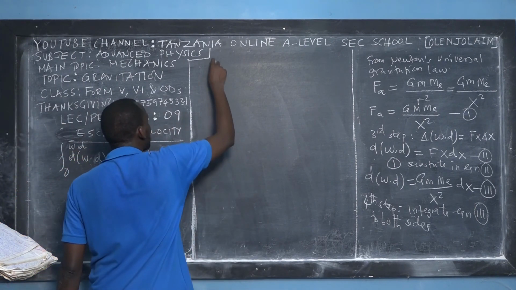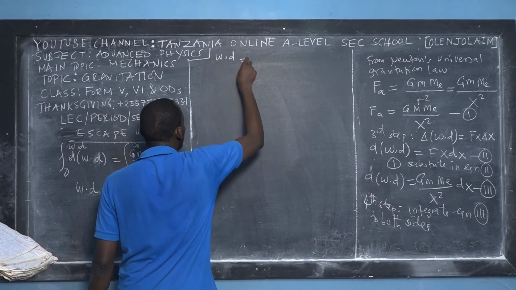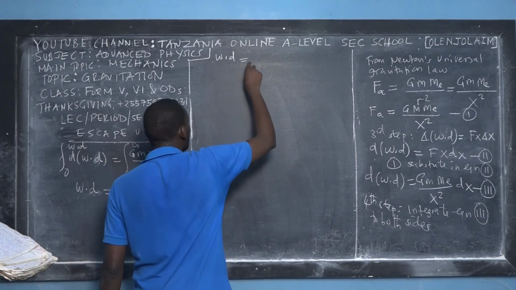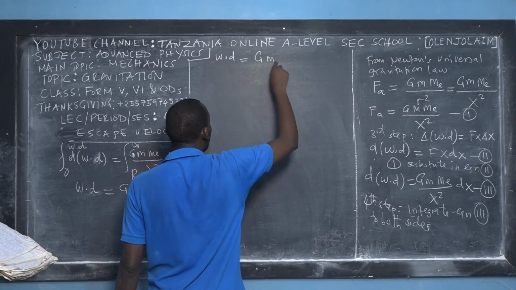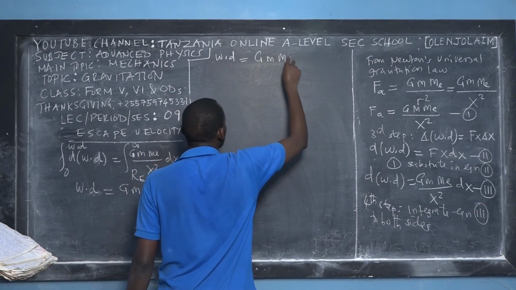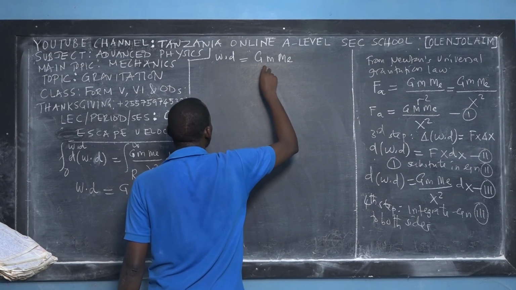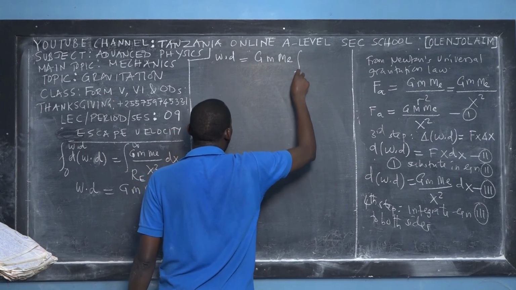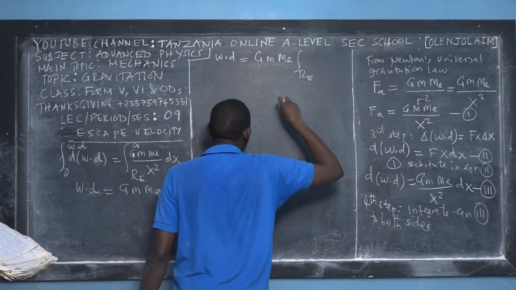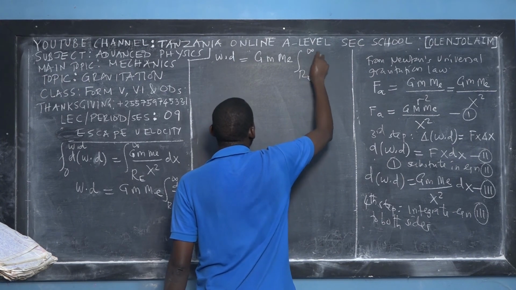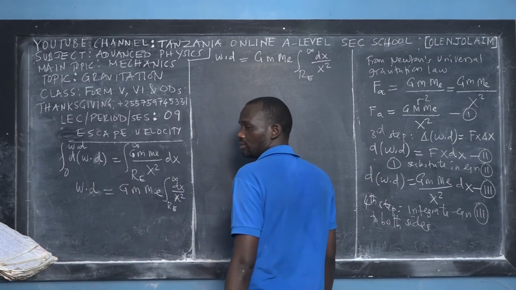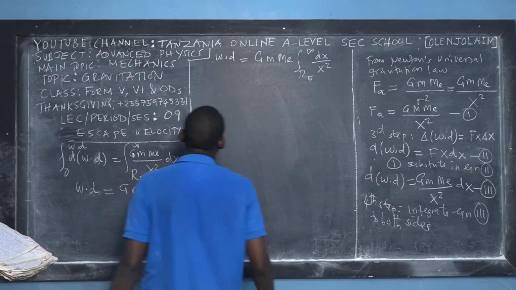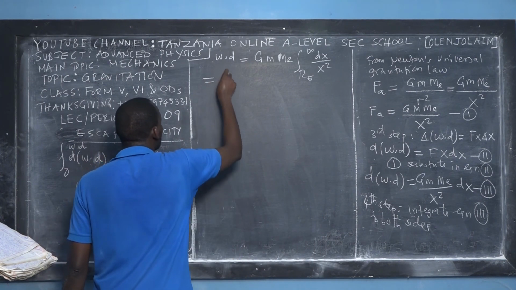On the left-hand side we have work done, which is equal to the gravitational constant, mass of the body, and mass of the Earth, and then we integrate from RE, the radius of the Earth, to infinity, dx over x squared. To integrate that expression is very, very simple.